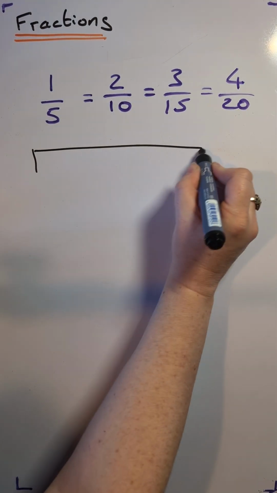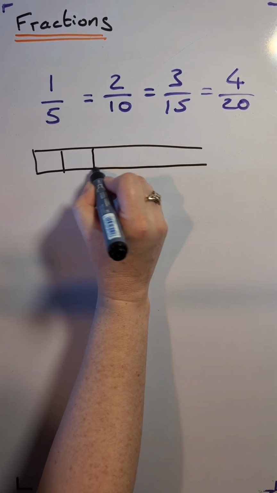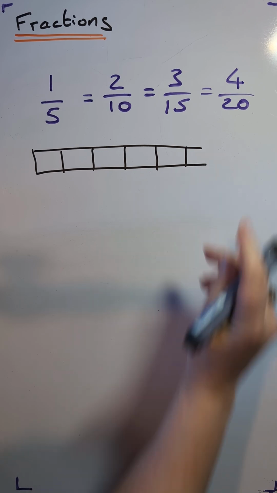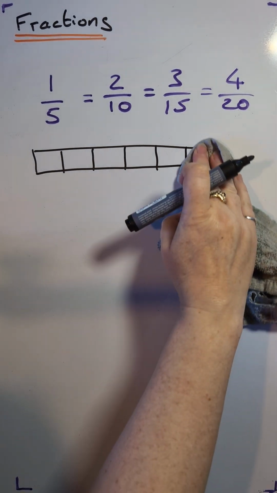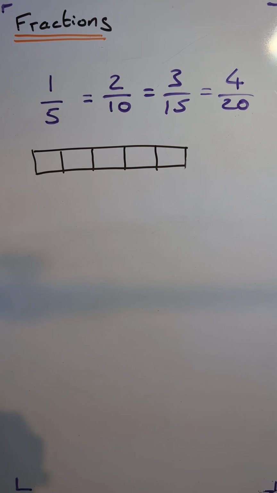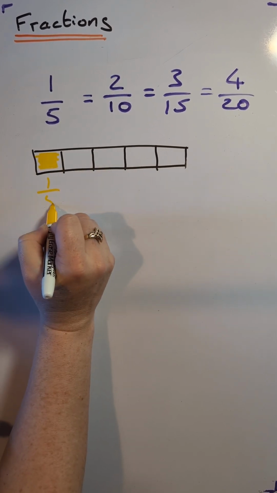So you're going to get one of my terrible drawings here. 1, 2, 3, 4, 5. If I have 5 boxes, then you can see that one of them is 1 out of 5.